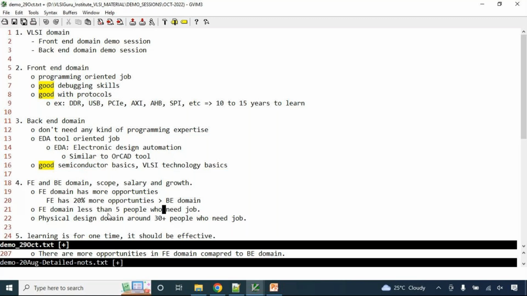The only thing is, you should not be very particular that you should get only a 4 lakh or 5 lakh job. In VLSI, what is important is getting into the industry. You start your career, let's say with 20,000 salary, or 30,000, or sometimes people start with only 15,000. Eventually, after 1-2 years, you get a really good salary. That is what you will notice in VLSI. So the starting salary doesn't matter.